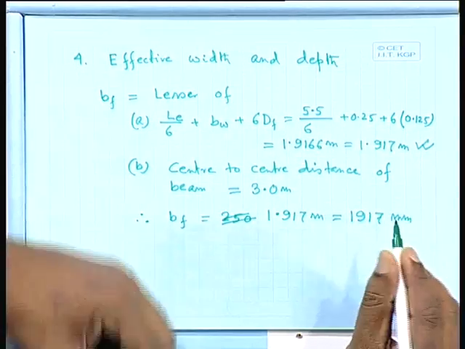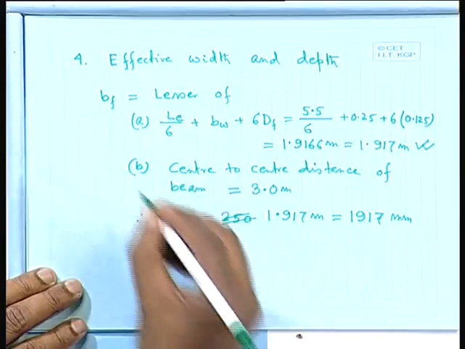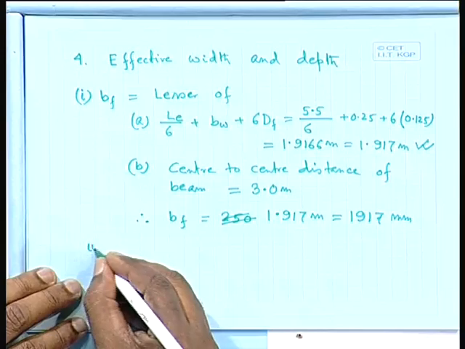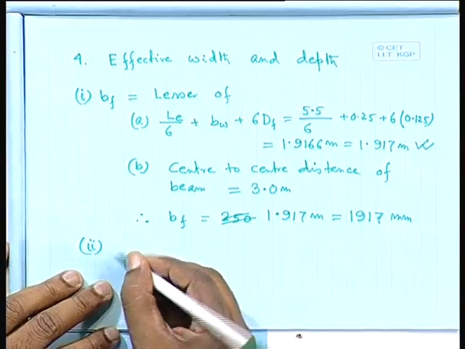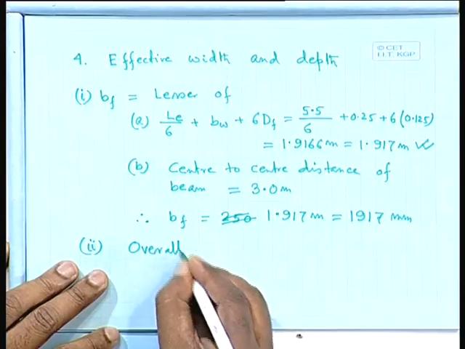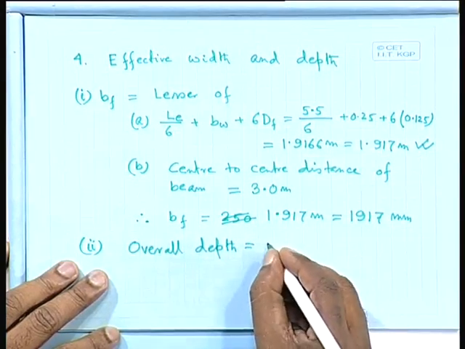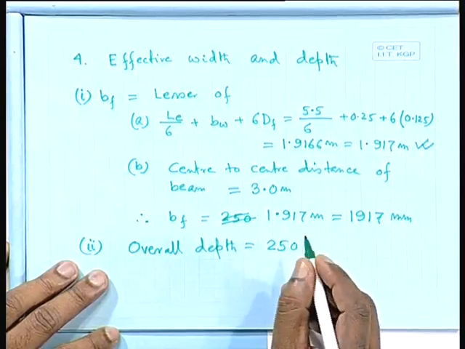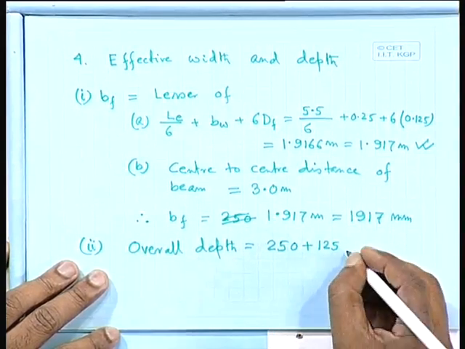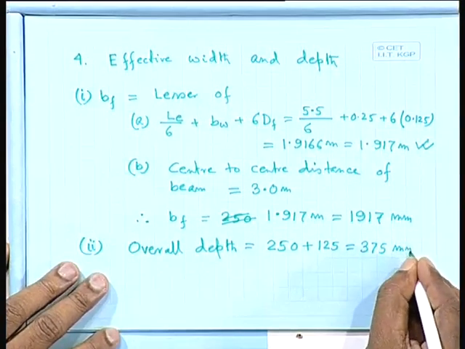Let us write down. This is number 1, the effective width. Number 2, we are interested in finding the effective depth. What about your overall depth? Overall depth equals, we have assumed 250 millimeter as the web depth plus 125 millimeter slab thickness, which comes as 375 millimeter.